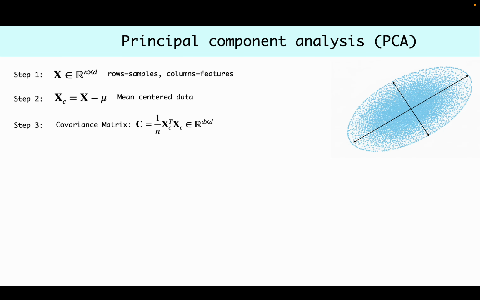So let's see how we can compute these axes. First, let's formulate this as an optimization problem. If you see this, our job is to find this W vector along which we are trying to project, and our goal is to maximize this variance.